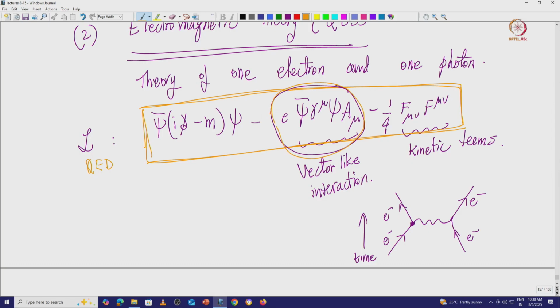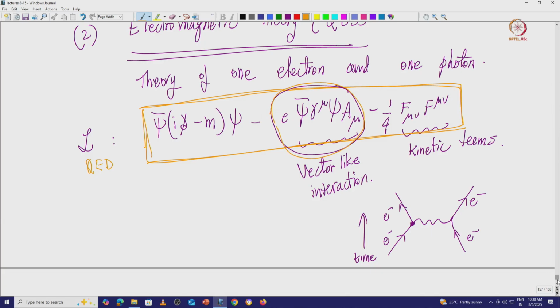So this is how you introduce electrodynamics into the Dirac wave function, which is an electron. The electron has spin half. As I said, the Dirac equation corresponds to spin half solutions, whereas the scalar field corresponds to spin zero solutions.